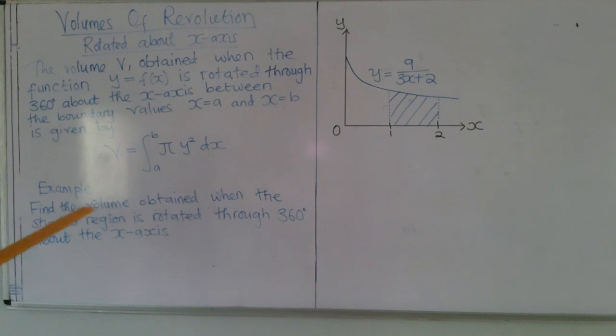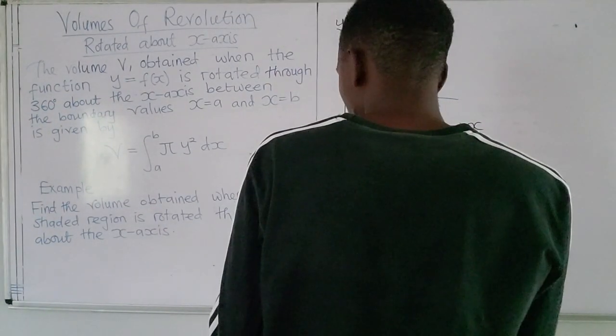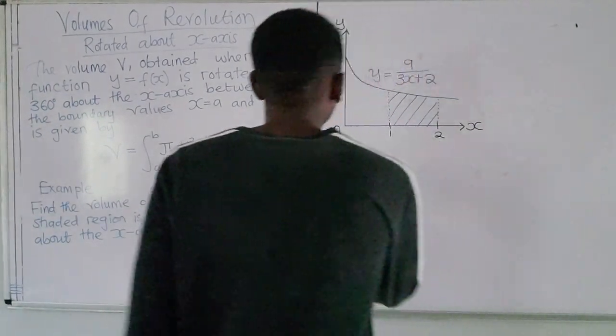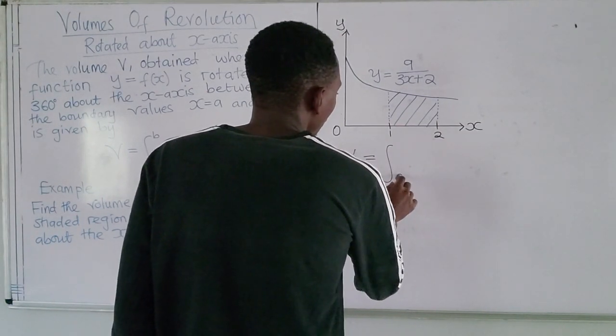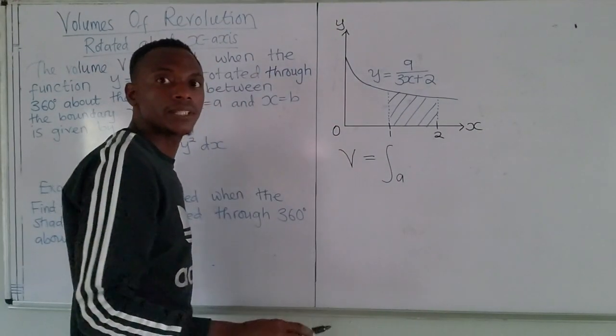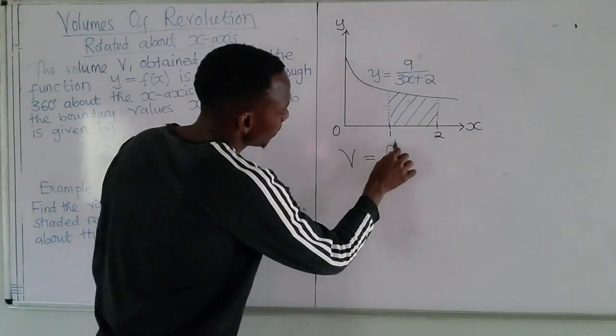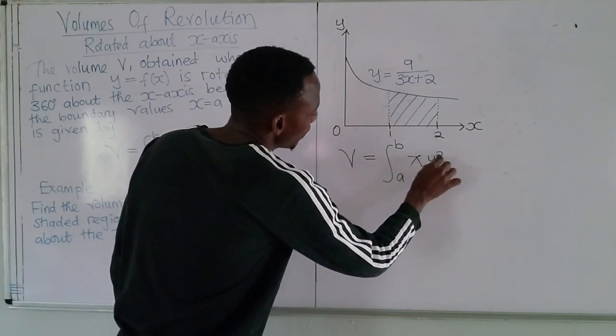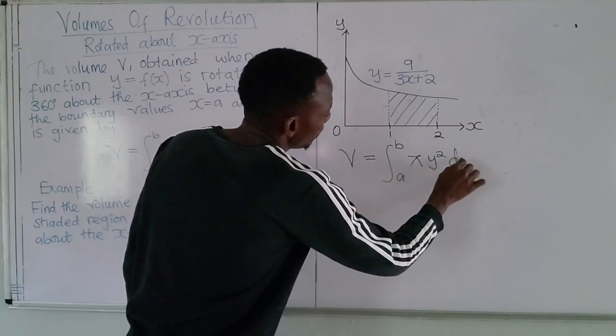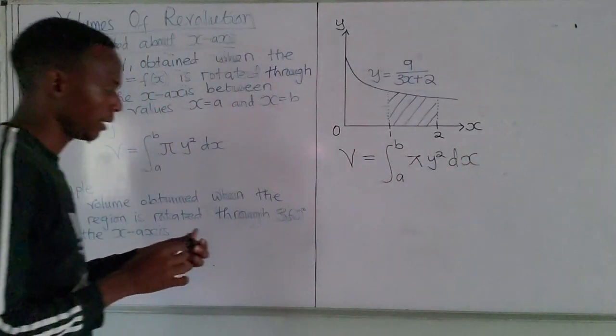So the example here: find the volume obtained when the shaded region is rotated through 360 degrees about the x-axis. From the highlight, you can see that the volume has to be the integral moving from a to b. We multiply pi by the square of the function y and integrate that with respect to x.